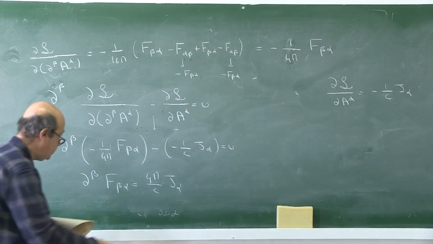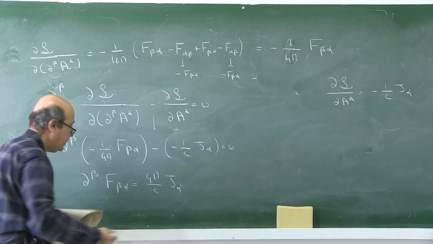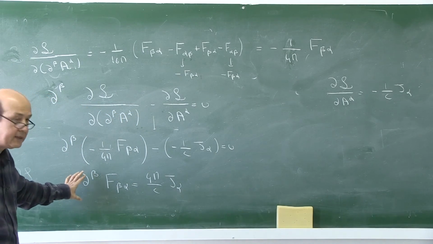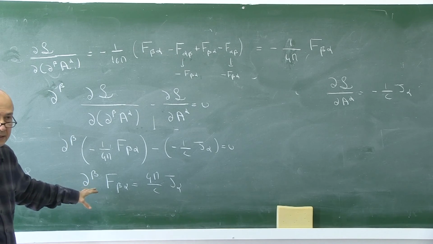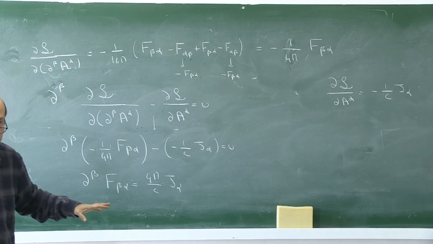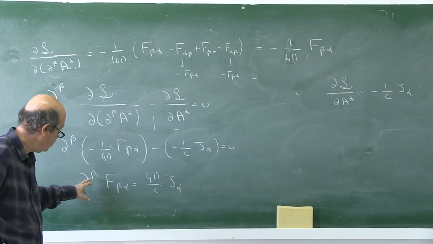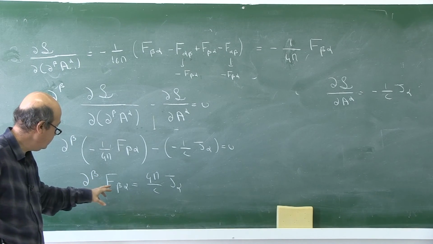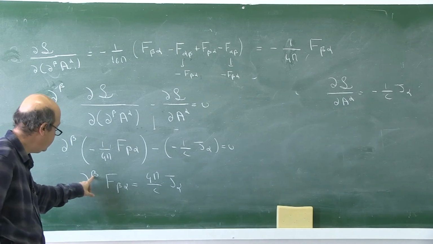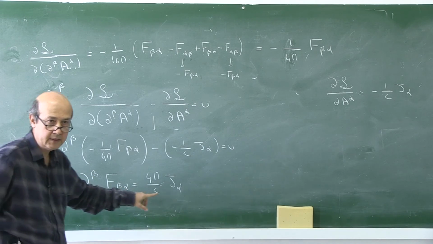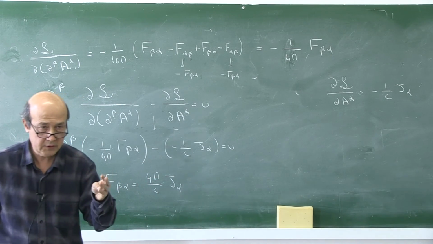Okay, do you remember this equation from the presentation? What is this? This is the Maxwell's equations. How many equations do you have? What is the free index? Beta and beta are contracted, alpha is free. How many? 4: 0, 1, 2, 3.